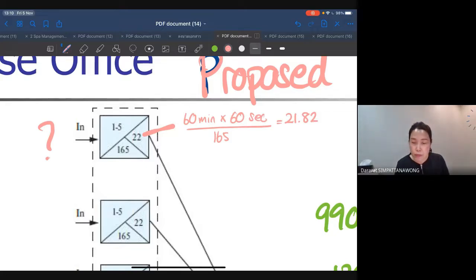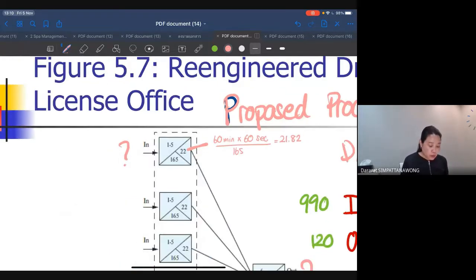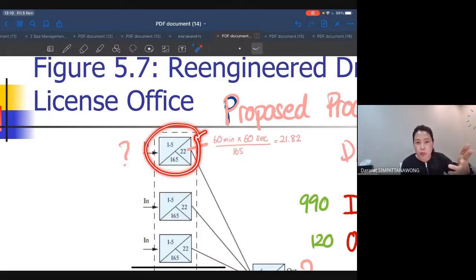Have you got this number? Get your calculator ready and try to do the calculation with me, so you don't get confused in the examination room. So we got the capacity of each staff: 21.82 applications. This staff in 1 hour can process and serve up to 21.82 customers per working hour.